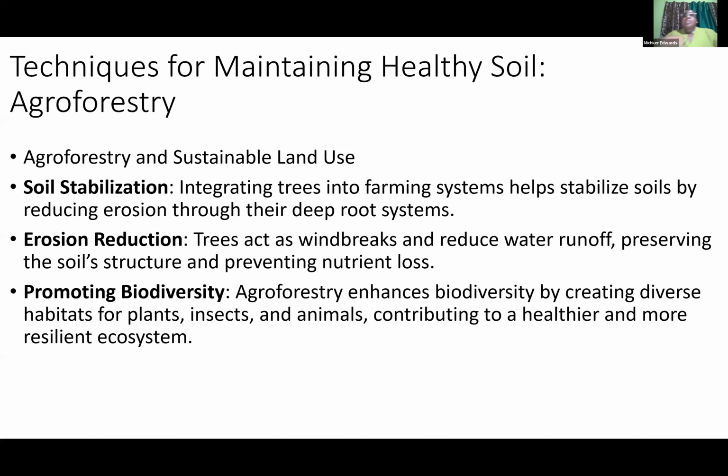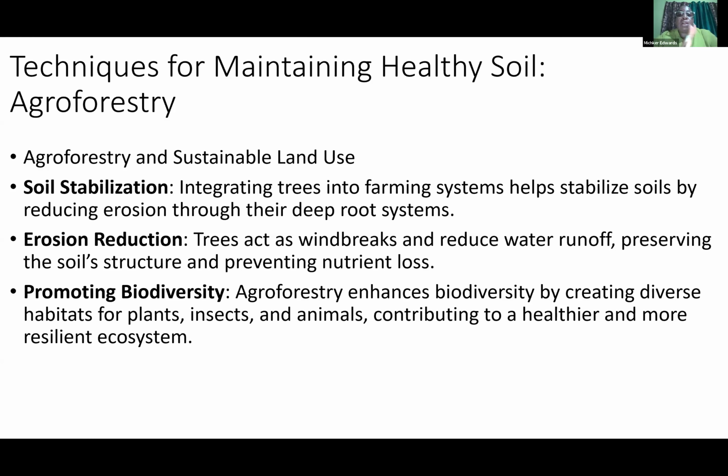It helps to stabilize the soils. Integrating trees into the farming system stabilizes the soil so you do not have a lot of landslides and those sort of things. It prevents erosion, right? As I mentioned before, it provides a windbreak, and it promotes biodiversity. These trees, flowers, they provide a habitat for different types of birds and different types of animals. So it creates a nice biodiversity.